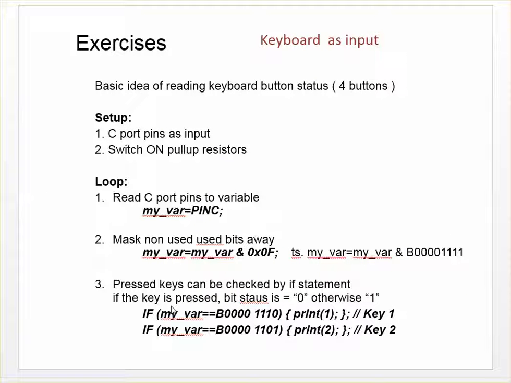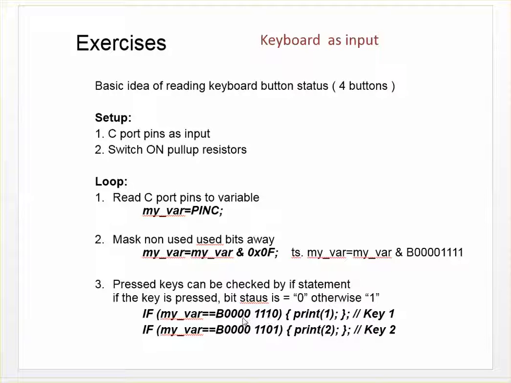So here with the if statement we could check that. As we were masking the highest bits to be 0, we know that the 4 highest bits are 0, and if key 1 is pressed, then the lowest bit is 0, and the other keys are not pressed, so they are logical 1.